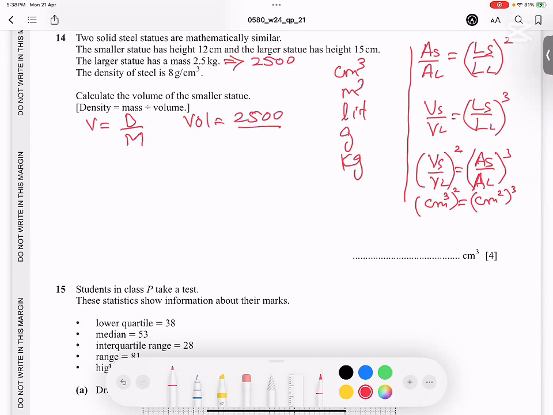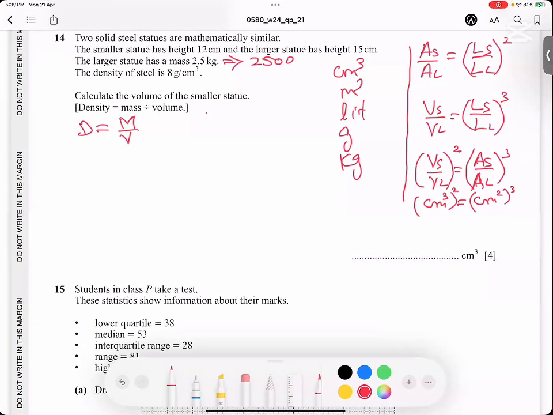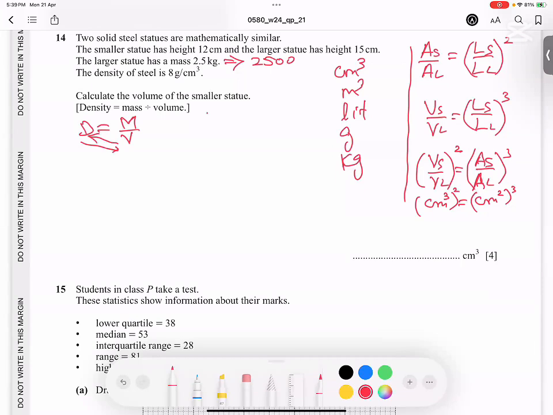Wait a minute, students. We have to write density. Just a minute. The basic formula is density is equal to mass over volume. And volume will go there, density will come down. So volume equals mass by density. And mass is 2500, and density is 8. 2500 divided by 8.